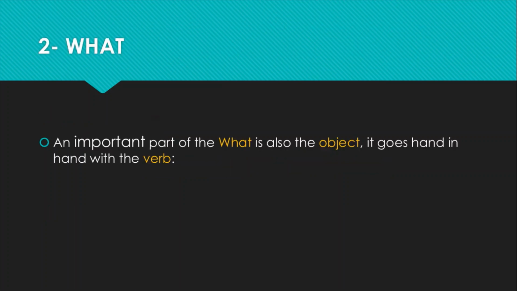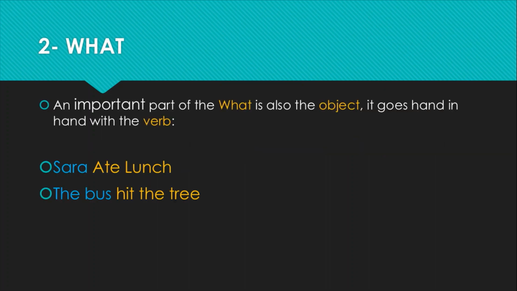All right, we move to the next section. It's the what. An important part of the what is also the object. It goes hand in hand with the verb. All right, for example, we have Sarah, the who, right? Sarah ate lunch.